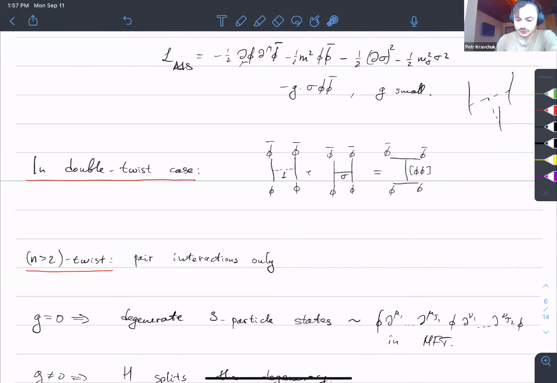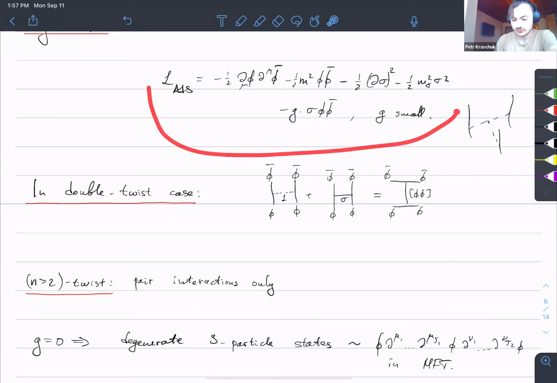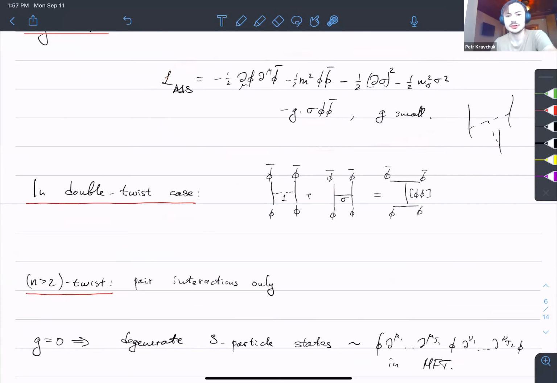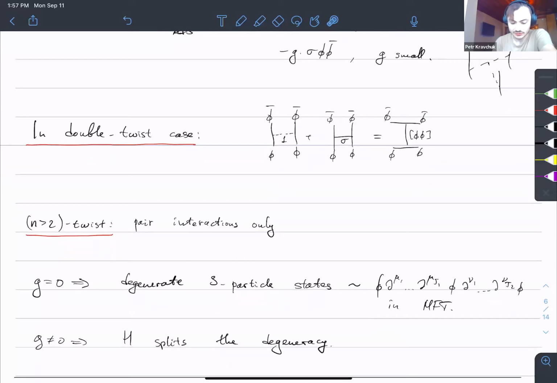So yes, as I said, for the double twist case, you can really capture everything that we know about the Lightcone bootstrap within this model, at least at the level of formulas. And for higher twist operators, this of course will only include pair interactions if I go to linear order in G. Then we can separately discuss how to add higher particle interactions.